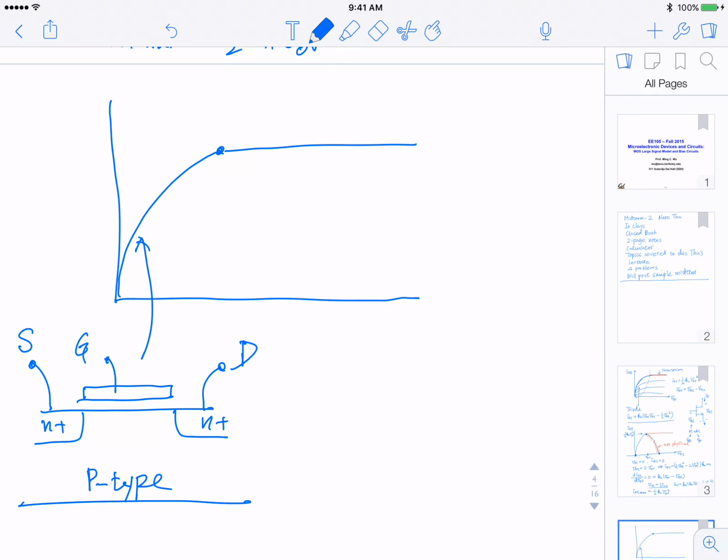In this part, the electrons are basically populating over the entire channel. There are still more electrons near the source because there's a channel potential.